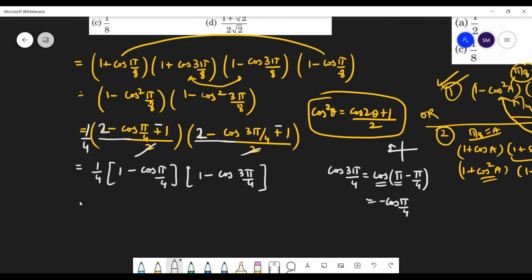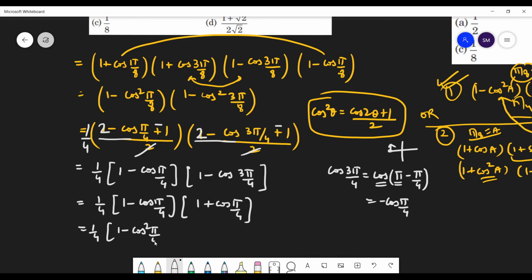So what do I get here? 1 by 4 into 1 minus cos pi by 4 into 1 plus cos pi by 4. Now see here, a minus b, a plus b, so 1 minus cos square pi by 4. You know the value of cos 45.